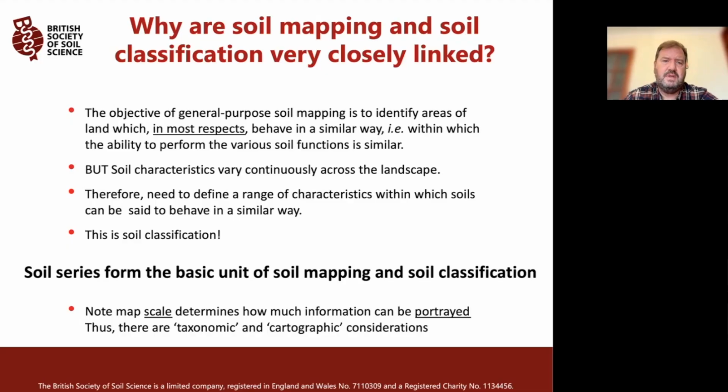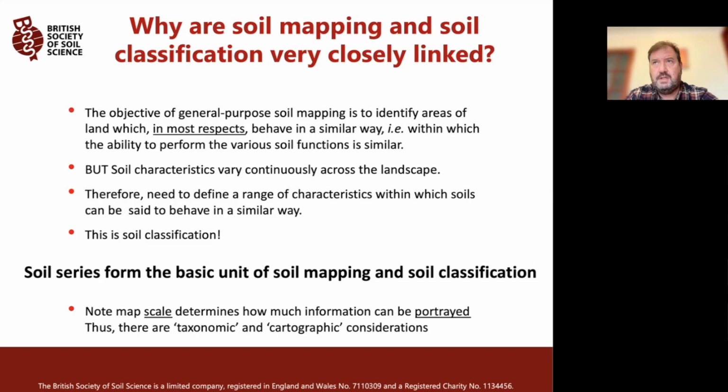We do know, of course, that these characteristics vary across the landscape, sometimes across a very short distance in the landscape. But we need to be able to define those characteristics. And of course, that is the basis of soil classification. And the soil series give us that sort of basic unit between the two, and the soil map.